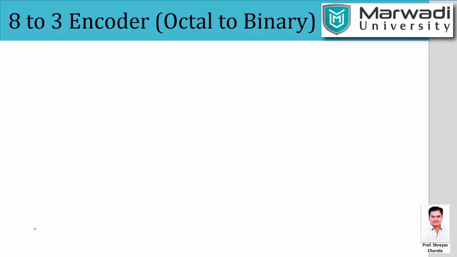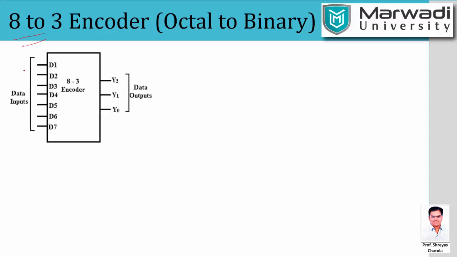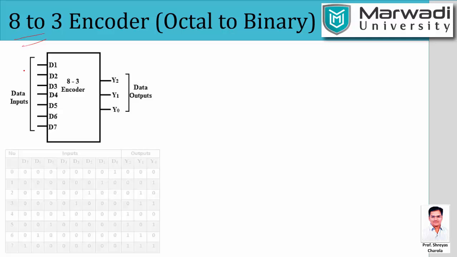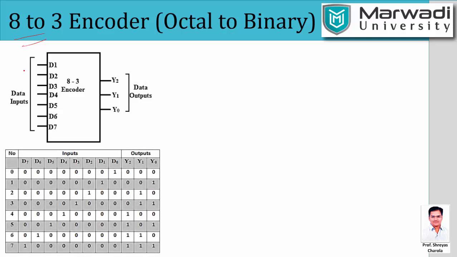Same way, the 8 to 3 encoder is also an octal to binary encoder. So I have 8 inputs that will be encoded into 3 data outputs. Whatever procedure we followed in the 4:2 encoder, we need to follow the same procedure for 8:3 also. So 0 0 0 0 0 0 0 1 will be equal to 0 0 0.